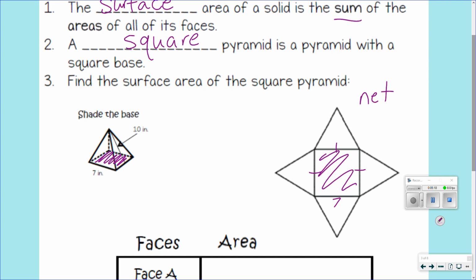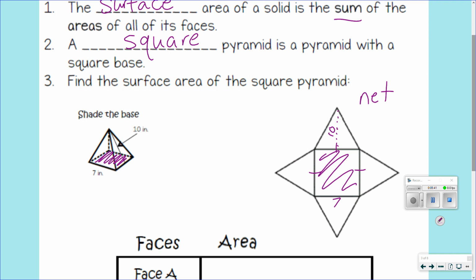Okay, what about the number 10 from over there? That's the height of the triangle. And are all the triangles the same? How do you know? They all have to be, because the base is 7 everywhere, so they're all going to be the same.